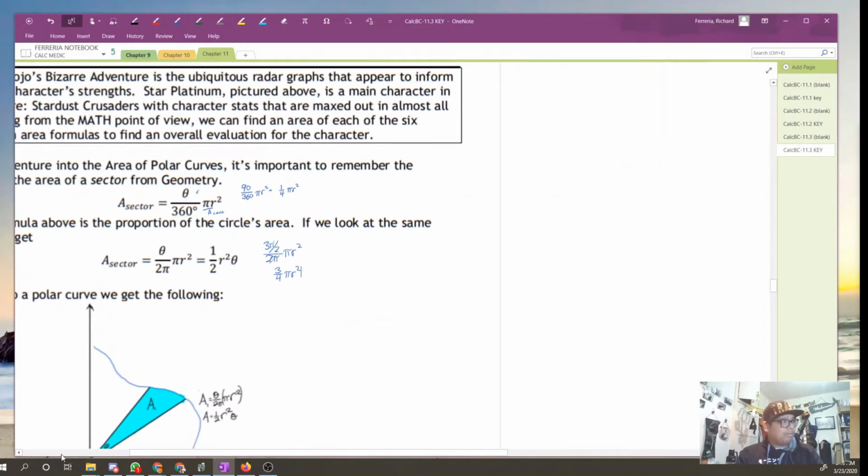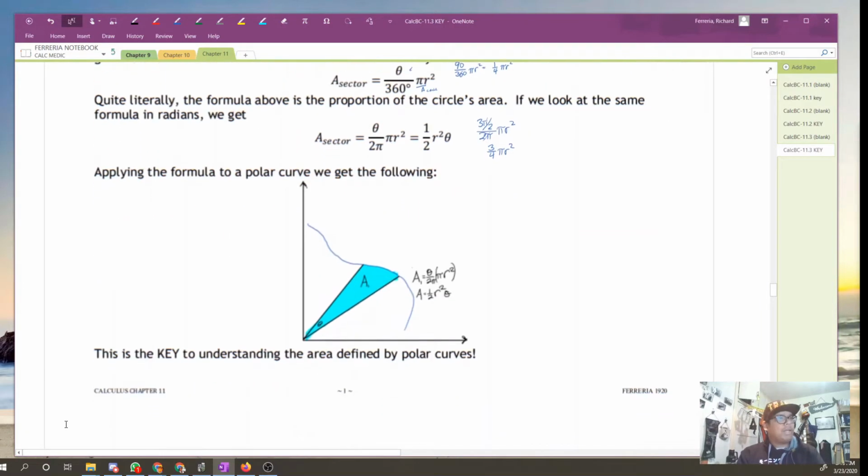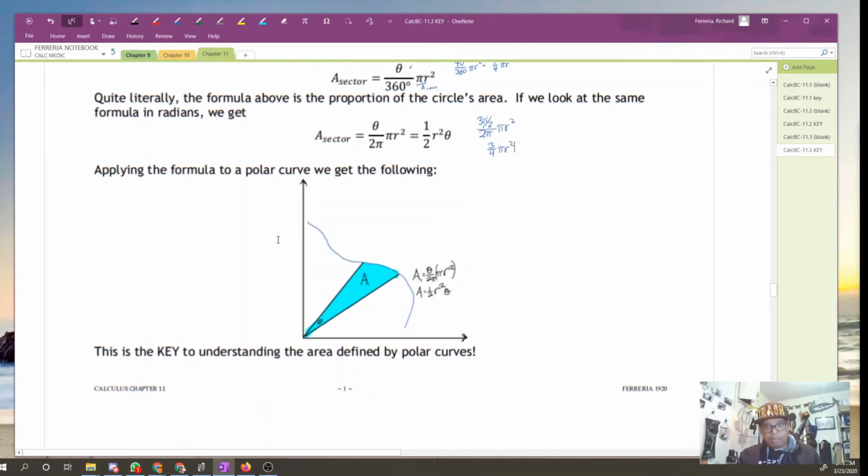All right, moving on. Let's take it to the polar curve. Over here, we've got our polar curve, and we've got the area of a slice. And the key here is to figure out, if I want to find the area of this slice, wouldn't this be an approximation if the radius on the left and the radius on the right were the same? In essence, if this is a sector of a circle, then the area is approximately equal to the area of a sector.